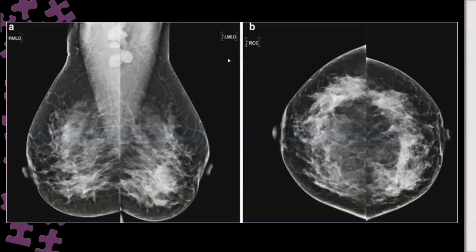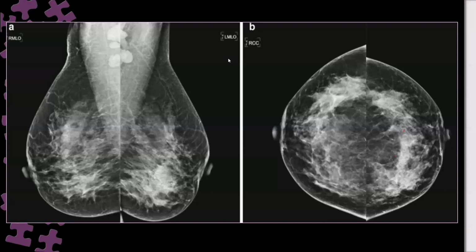Inner quadrant. Inner on CC. On the MLO? Lower, yeah. Well done, Sarah. Lower inner. Tell me what is the abnormality? What is the mammographic abnormality?